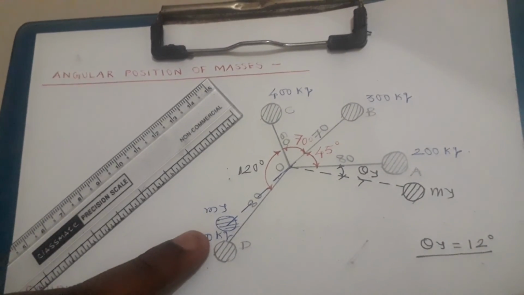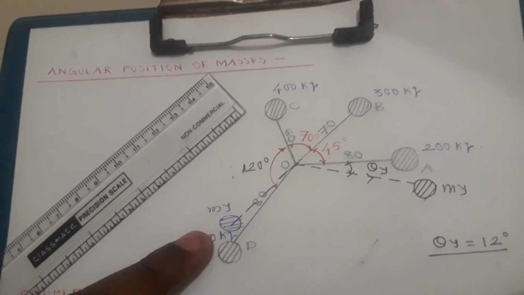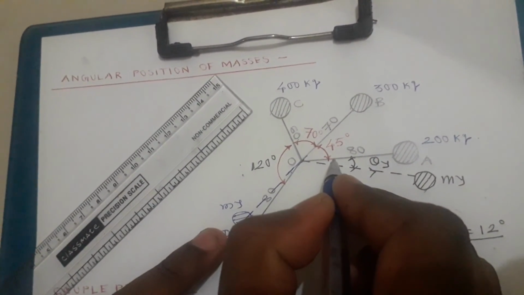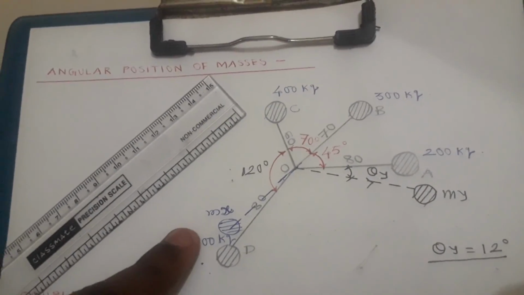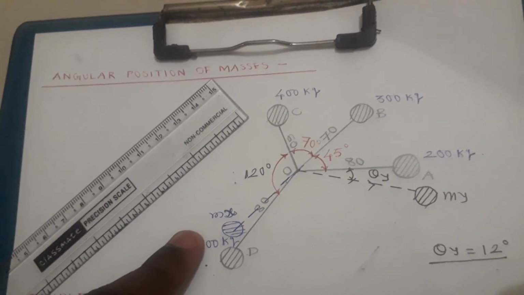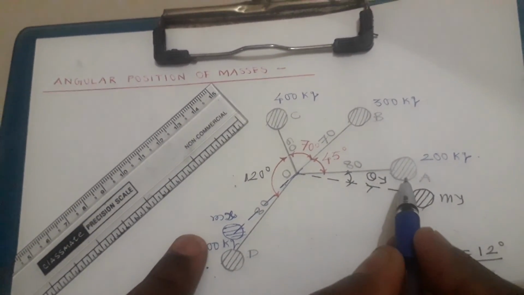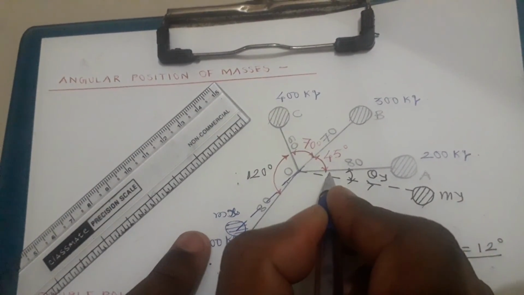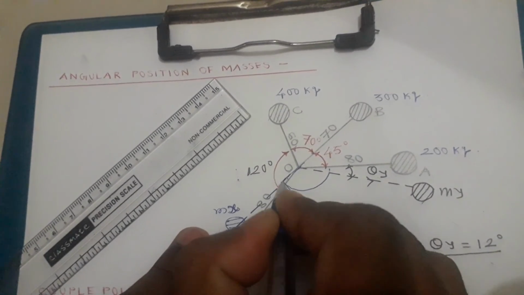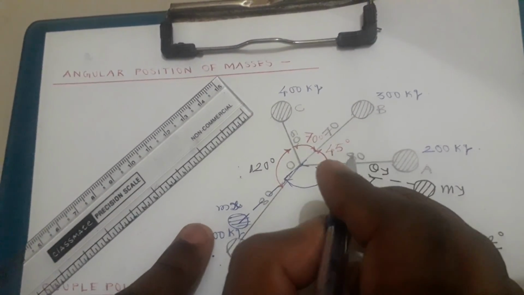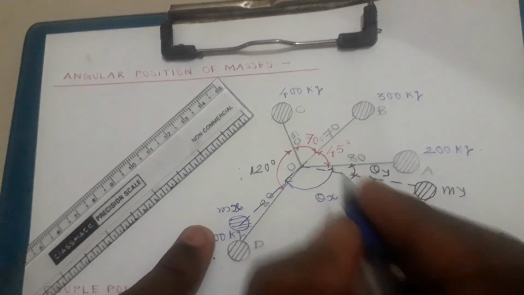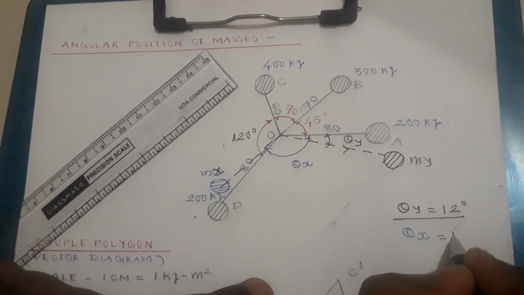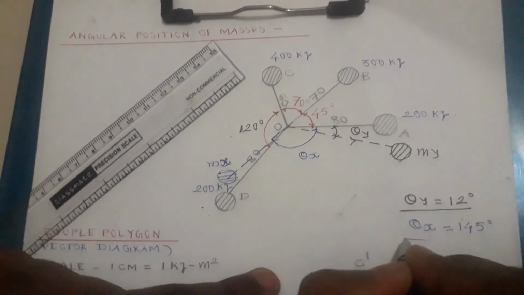This is the position of mass mx, and if I measure the angle from this mass A in clockwise direction, this angle is theta x. If you measure this theta x, it will be 145 degree.